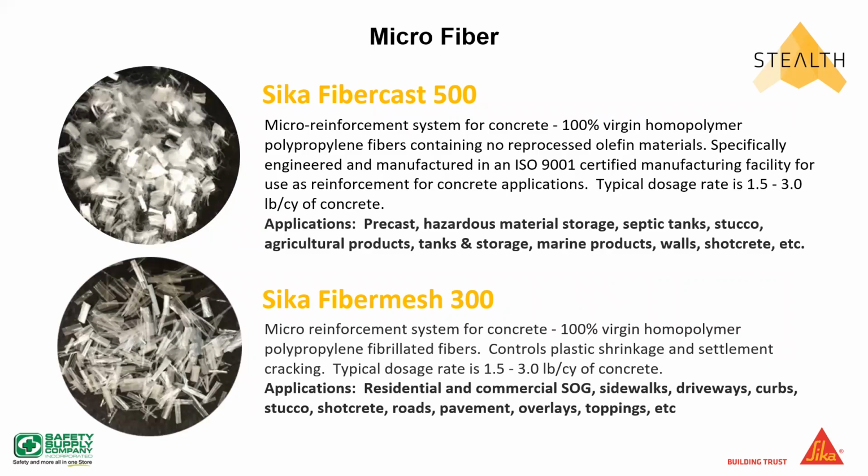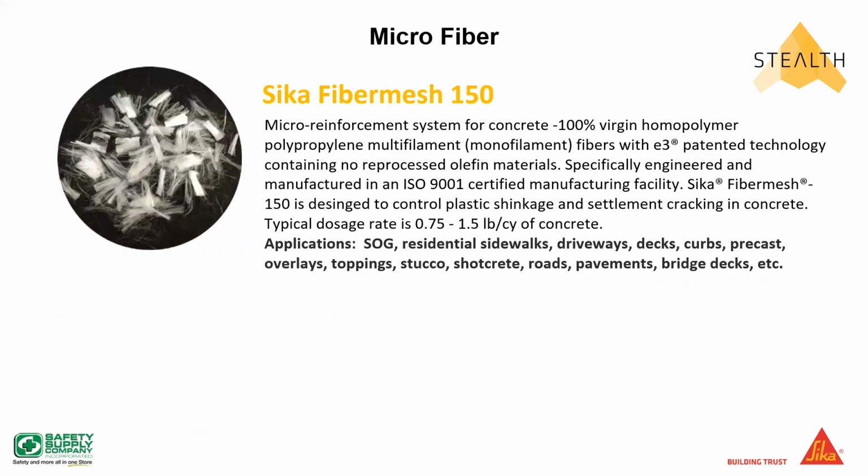Typically, if you're using a microfiber on a commercial or industrial type project, you would step up to the Sika Fibermesh 300. That's a great choice for industrial and commercial projects because it is a fibrillating fiber.